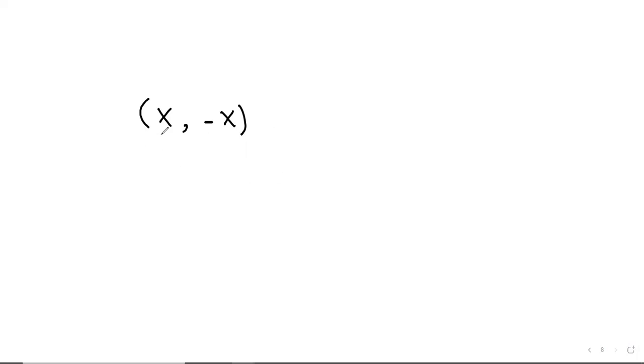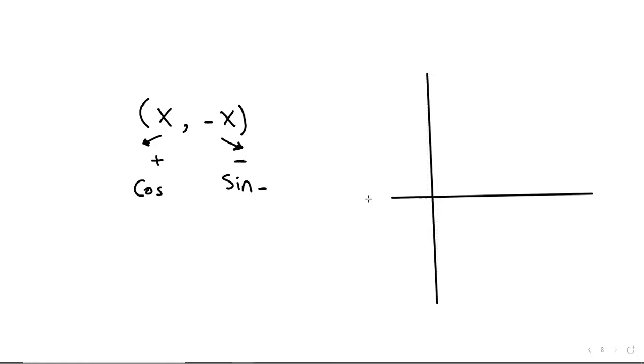Here x is positive and y is negative, so cosine is positive and sine is negative. In which quadrant? In the fourth quadrant. So this angle lies in the fourth quadrant.